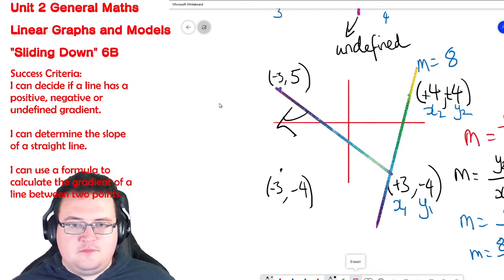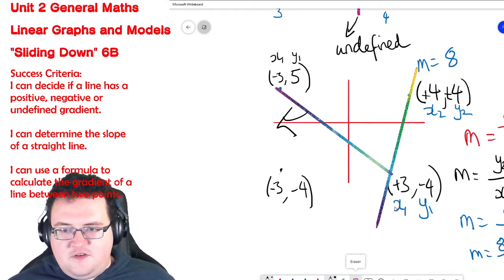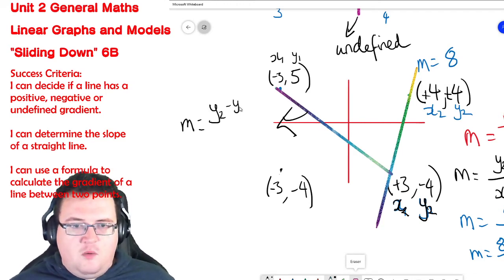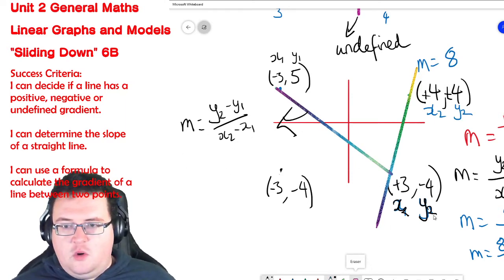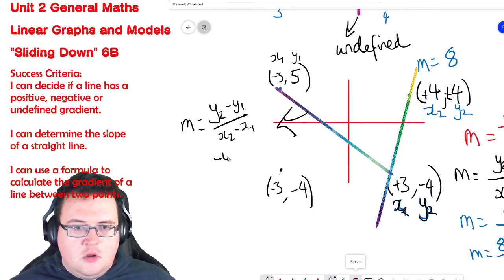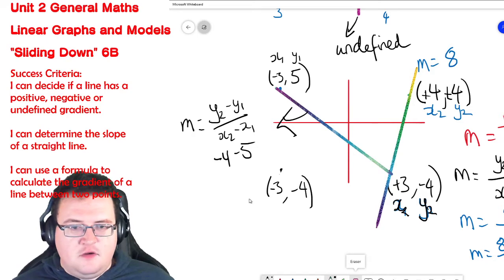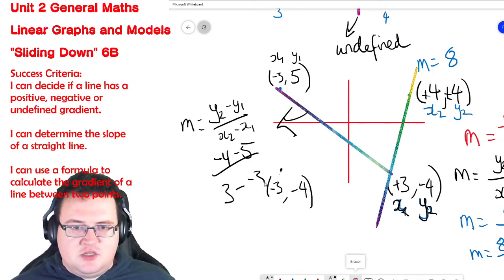We'll go over here. So I'm going to call this one x1 and y1, and this is now x2 and y2. M equals y2 minus y1 over x2 minus x1. So y2 is minus 4, y1 is 5, so it's minus 4 minus 5, divided by x2, which is 3, minus x1, which is minus 3.